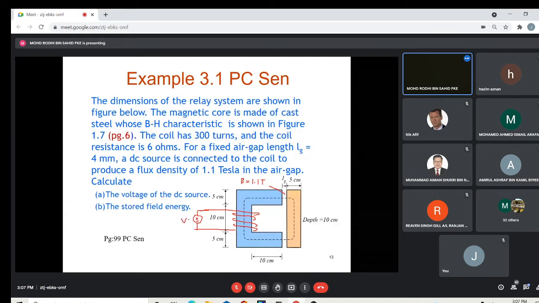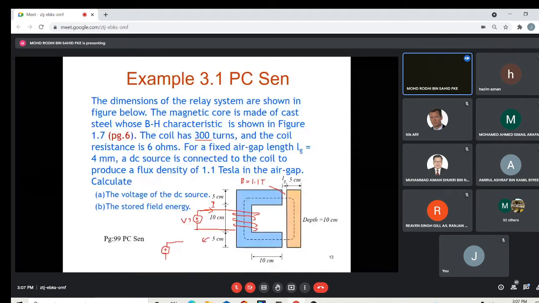If you want to find the voltage, you have to find the current. It is mentioned here the coil has 300 turns and the coil resistance is 6 ohm. So the number of turns is already given, and you have to find the current first. Then, this is an electrical circuit, which can be modeled as an inductor.